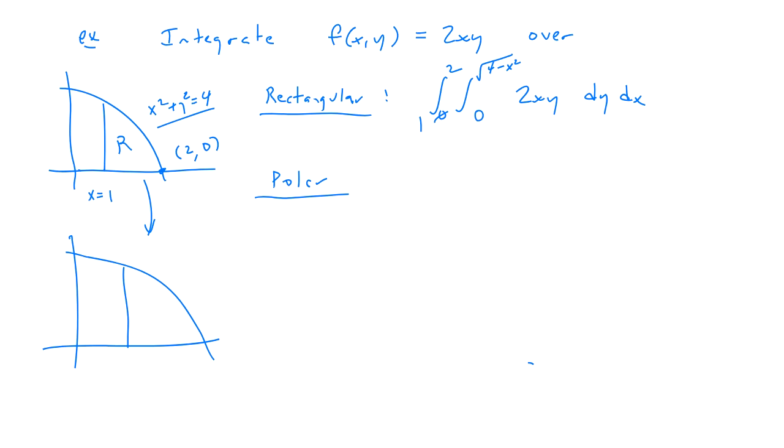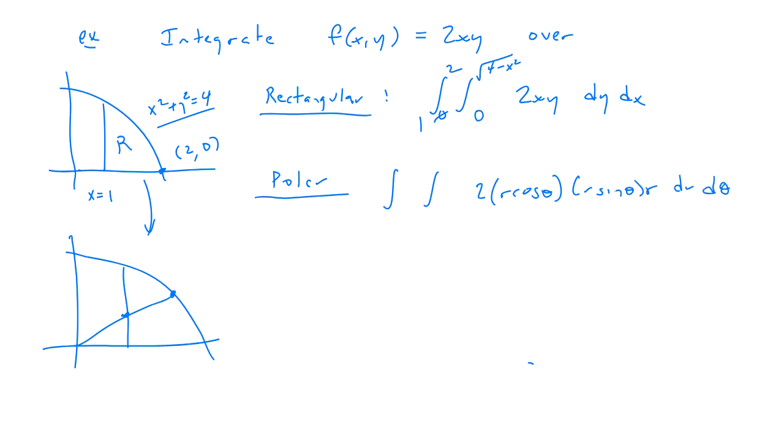Here, if I draw a typical angle, what I'm looking for is what are the two functions it hits. First, let me rewrite it. So 2xy is 2 r cosine theta, r sine theta, and then r dr d theta.